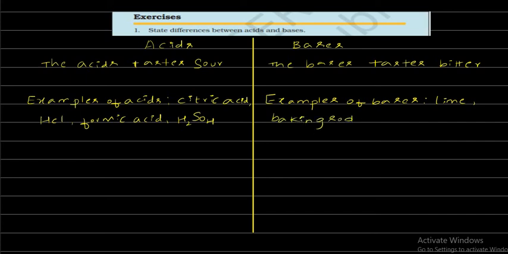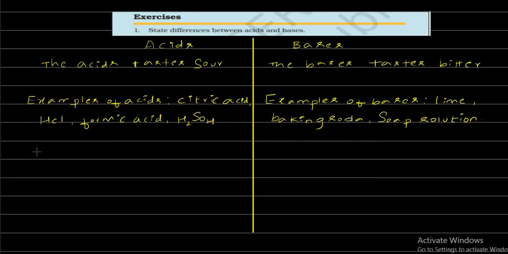What else you can give? You can give an example of a soap solution also, which is generally basic in nature. Like this you can give an example for bases. Now what else differences you can state here?